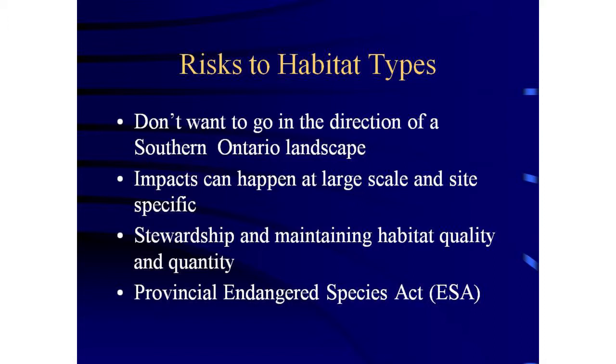I work in the development industry, and we have lots of development clients. It's recognized there's going to be expansion in these areas, but I think protection of landscape units of large mosaics, and even at the site level, if you have a property that has a bit of all those things, wetland, rock barren, and forest cover, those are the areas you want to protect because it fits the requirements of a range of species.